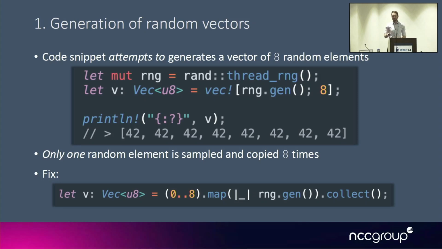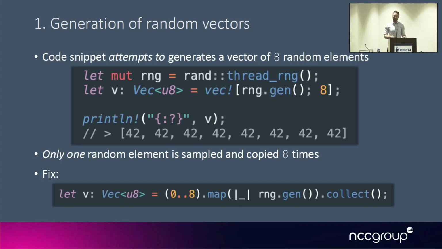There's a pretty simple fix, although it is Rust, so the syntax may be a little bit scary. The way to actually generate a random vector would be to instantiate a range of values, 0 to 8, and then map every one of these values using this map function. Rust has a number of functional programming type of functions.